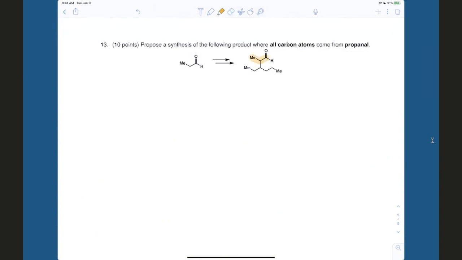So we have one propanal there. We're thinking another propanal would be there, and we're trying to get another propanal there. The first step that was suggested by a student that I agreed with was doing the aldol condensation.